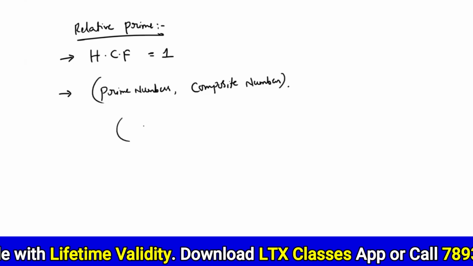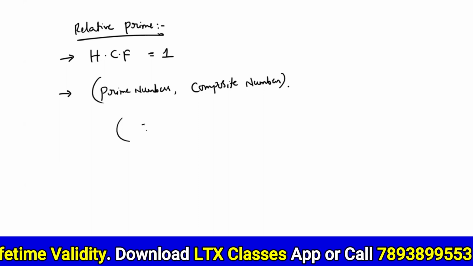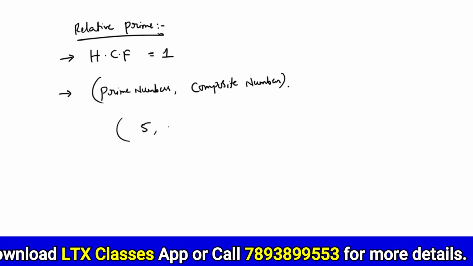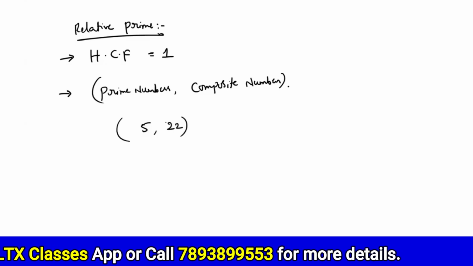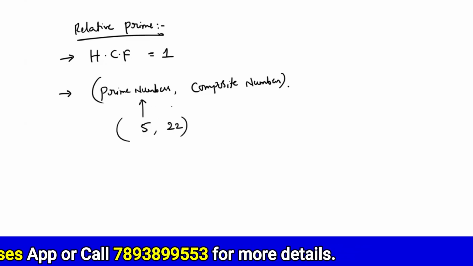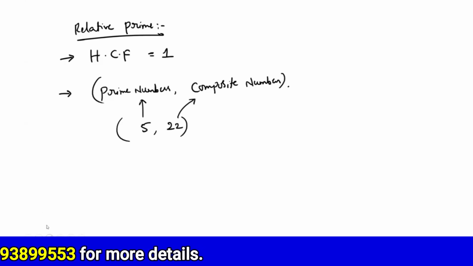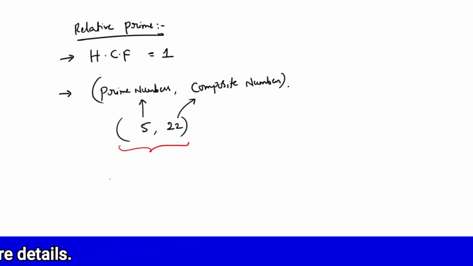Okay, let us do one thing. Let us take 5 and 22. See, generally 5 is a prime number and 22 is a composite number. But on the combination of these two, they will be considered as relative prime. The reason is for this number 5, the factors are 1 and 5.